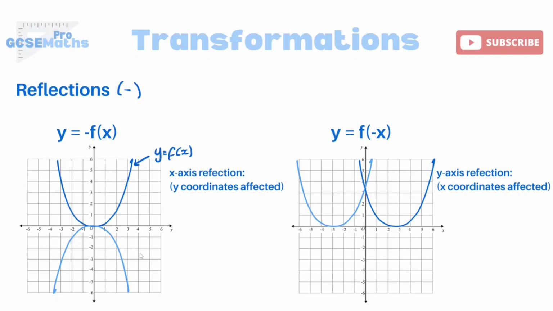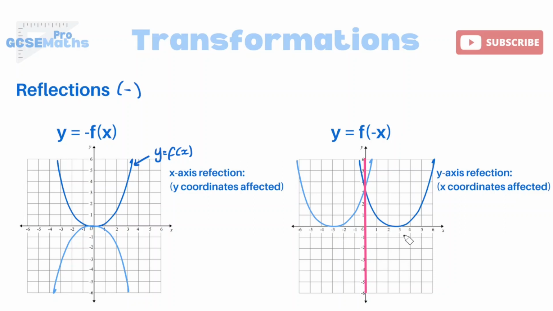And this is where it gets a bit complicated, because, for example, this one here where you've got minus x, you think, oh yeah, that'll be a reflection in the x-axis because it's next to the x. It's not actually, it's a reflection in the y-axis, so this vertical line here. Now, the reason why the negative is next to the x, it's not a reflection in the x-axis. However, do you see how, if we look at the original being the darker blue and the reflection being the lighter blue, what has been affected?